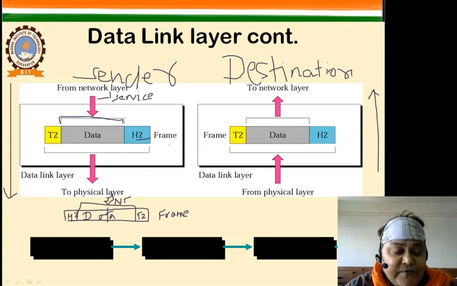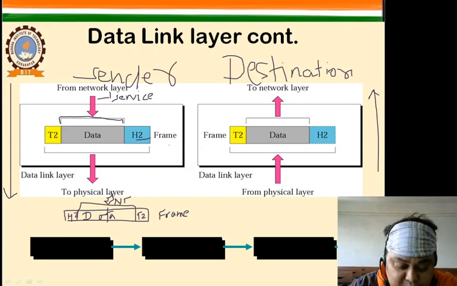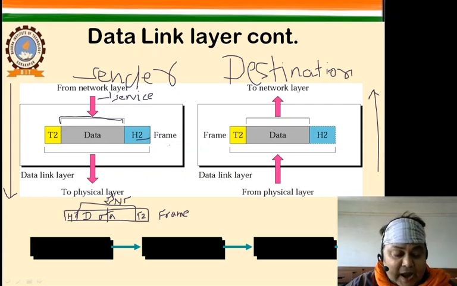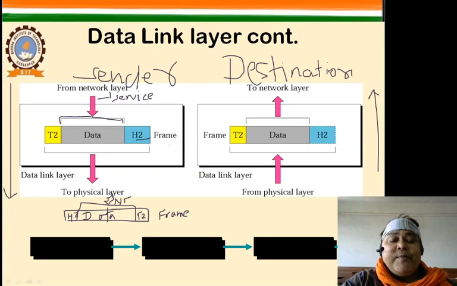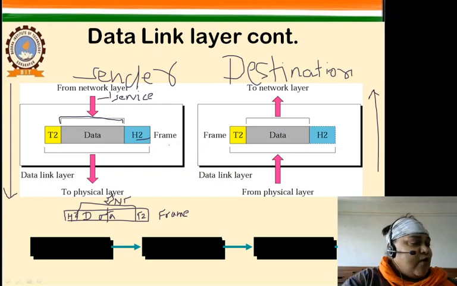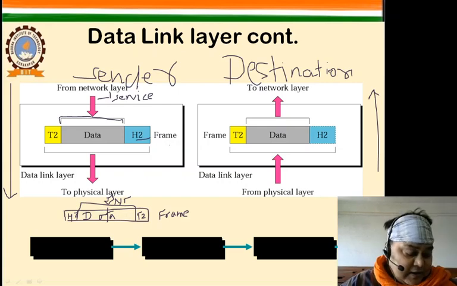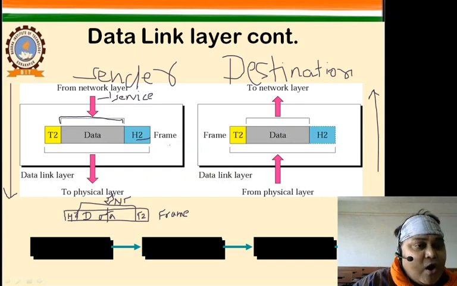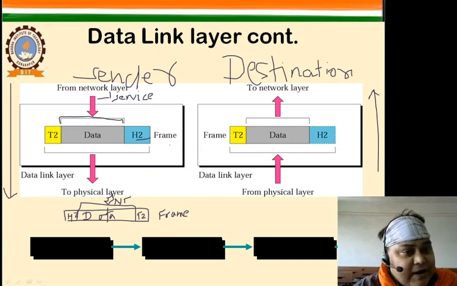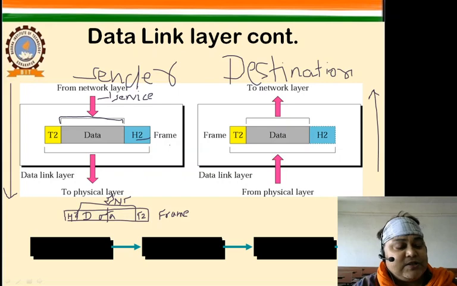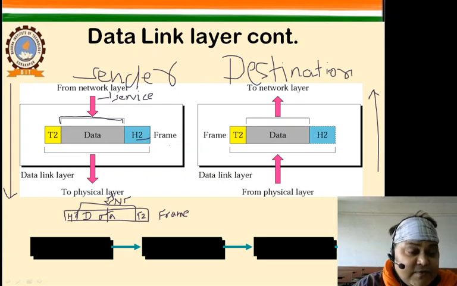control, this layer is also responsible for flow control, at which rate the receiver can absorb, he can take the incoming bits, or that rate should be less than the sender end. You cannot send the data at a rate faster than the receiver's data rate absorption.